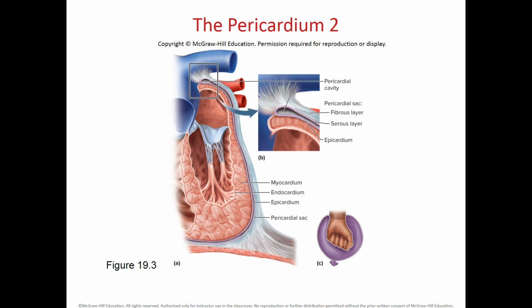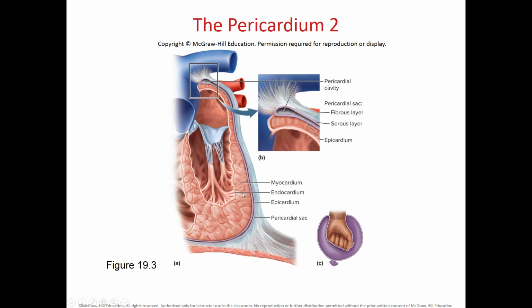The actual rubber of the balloon touching the fist is the visceral pericardium, while the other layer of rubber is the parietal pericardium. Now that we are here, you can see the other layers of the heart.